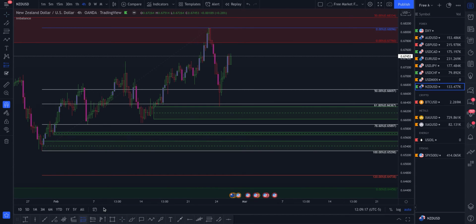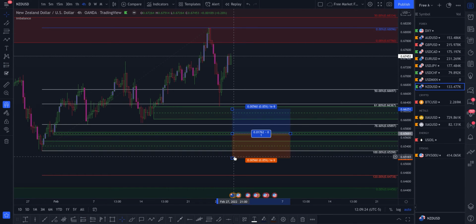Maybe I would say initially looking for price to play off of this zone just because of a better risk to reward. This is pretty strong. We've had nothing but bullish candles push off from this zone.